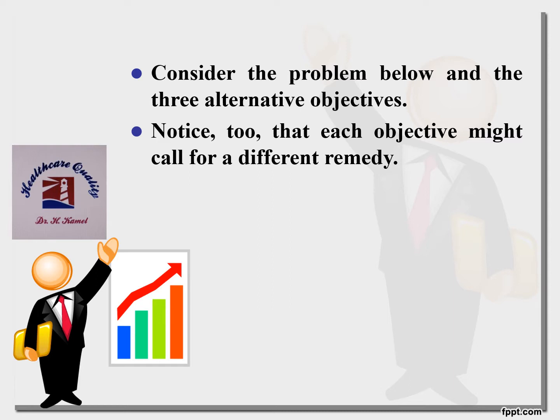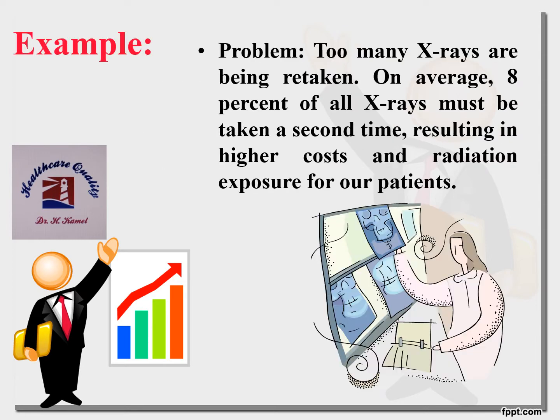Notice too that each objective might call for a different remedy. Too many X-rays are being retaken. On average, 8% of all X-rays must be taken a second time, resulting in higher costs and radiation exposure for our patients.